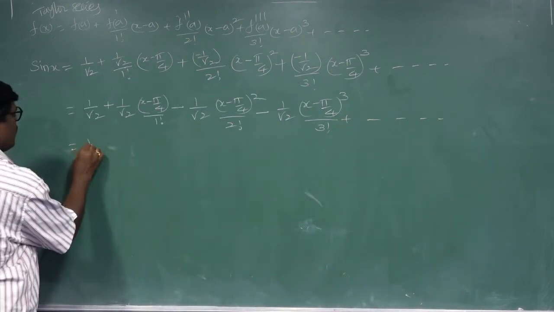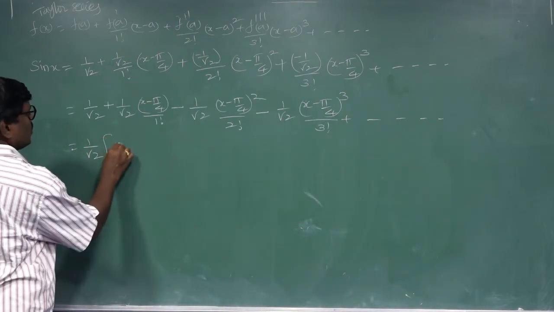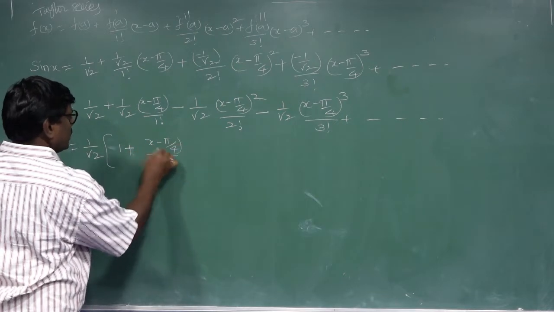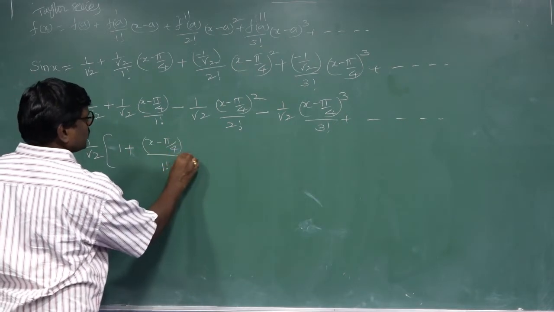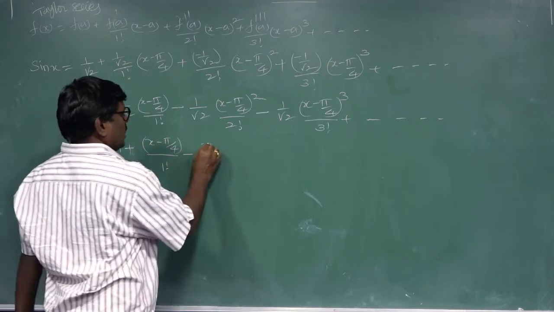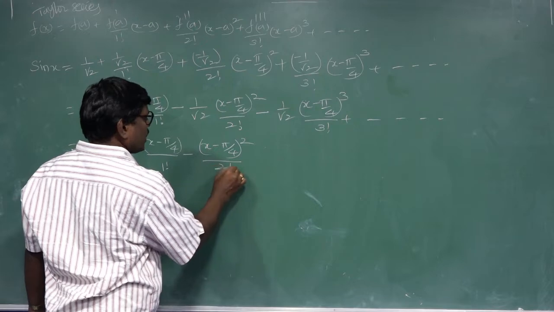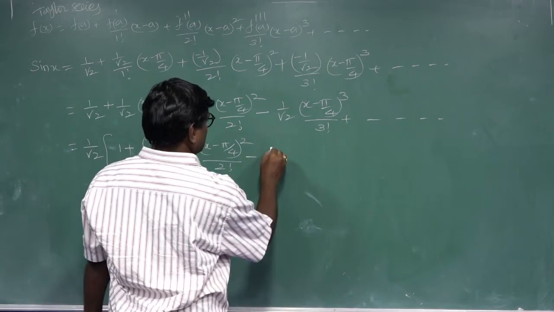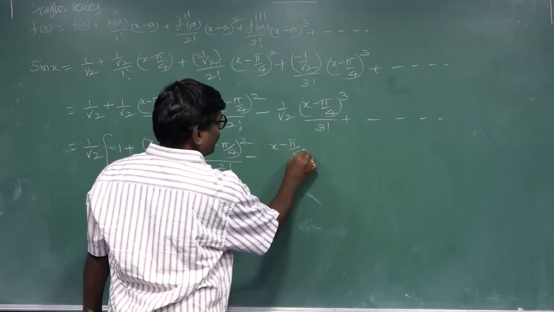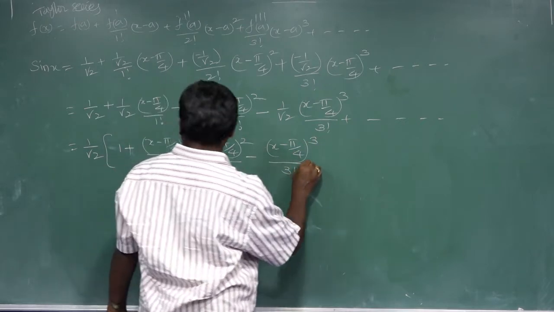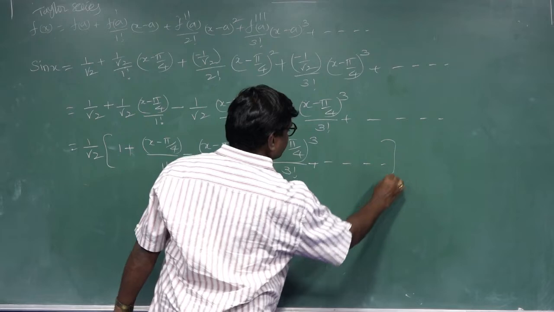Taking 1 by root 2 common: 1 by root 2 times [1 plus (x minus pi by 4) by 1 factorial minus (x minus pi by 4) whole square by 2 factorial minus (x minus pi by 4) whole cube by 3 factorial plus so on].